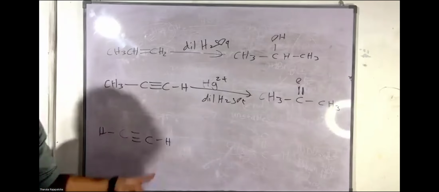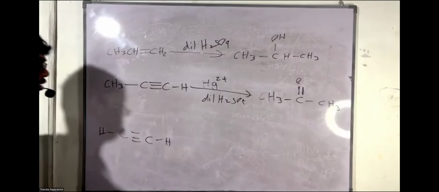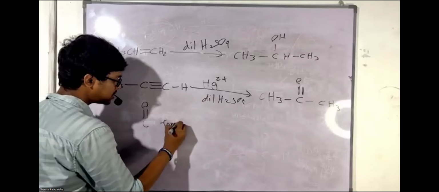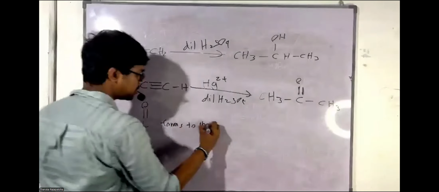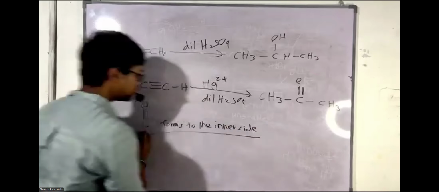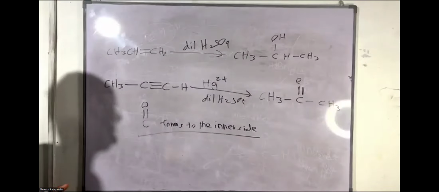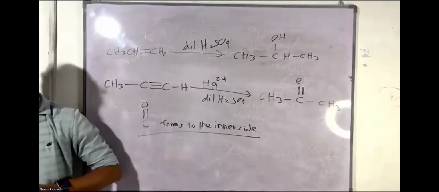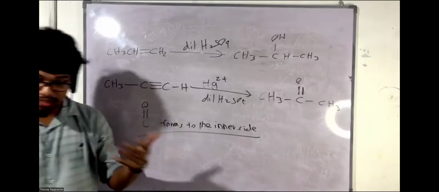In this case you are getting a ketone. The C double bond O always forms on the inner side of the molecule. Write that down.